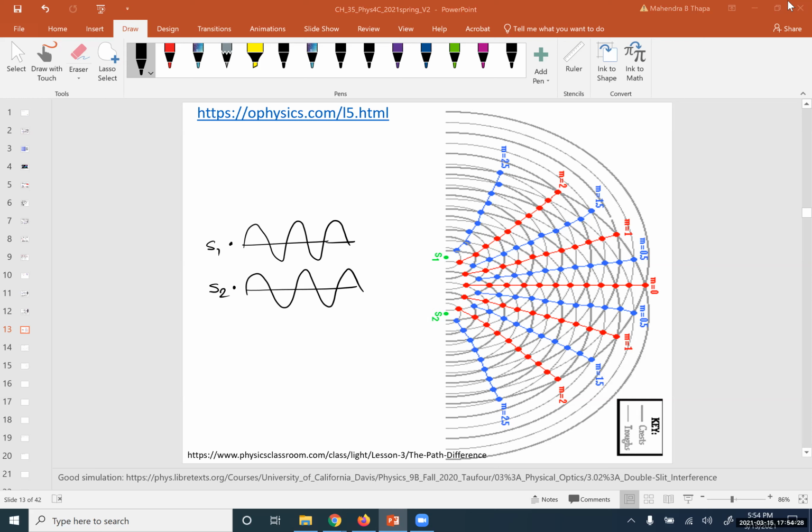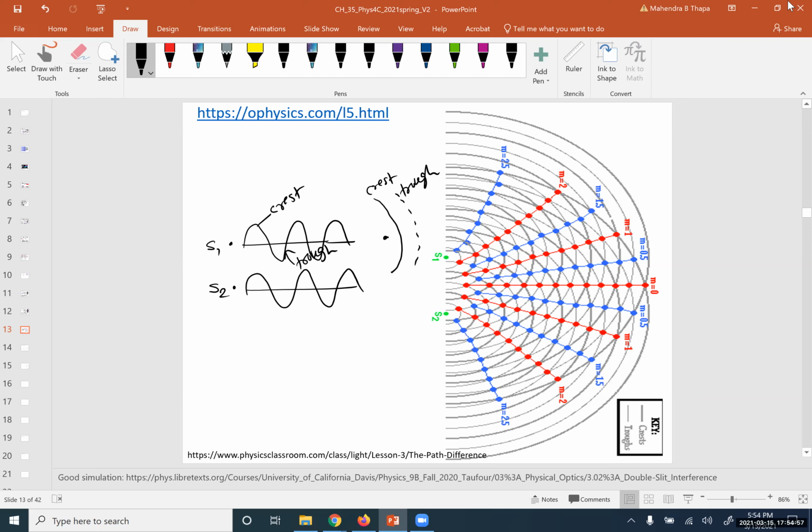We can say this is the crest and down is the trough. Or we can say the solid line represents the crest and the dotted line represents the trough.